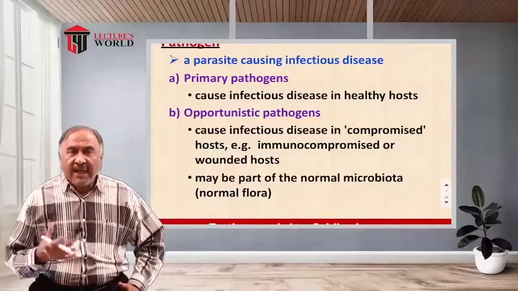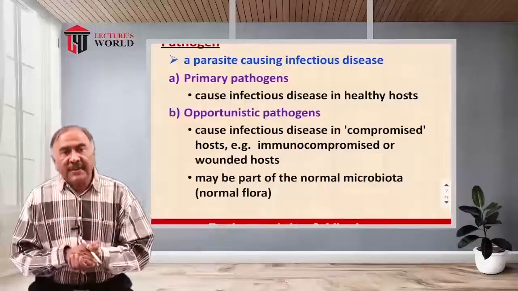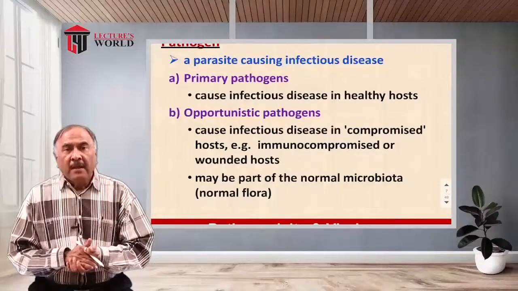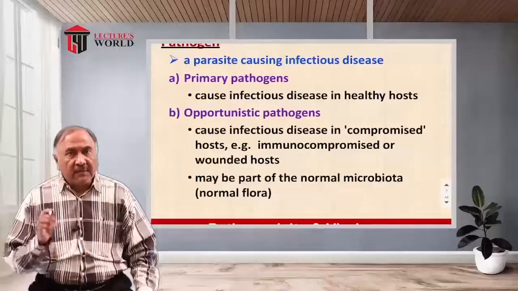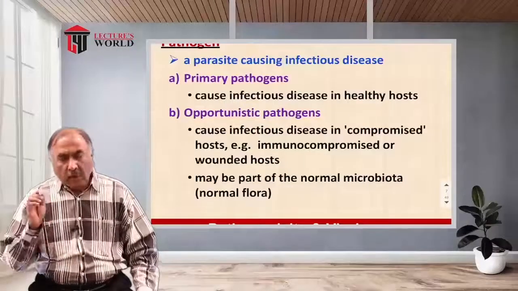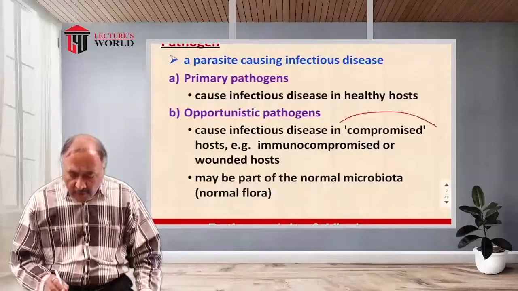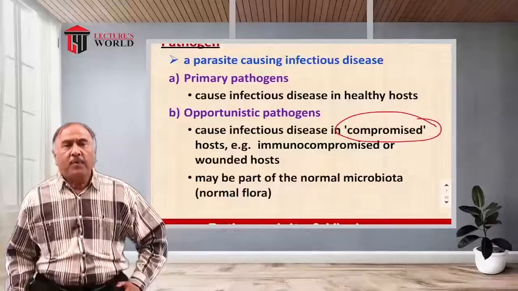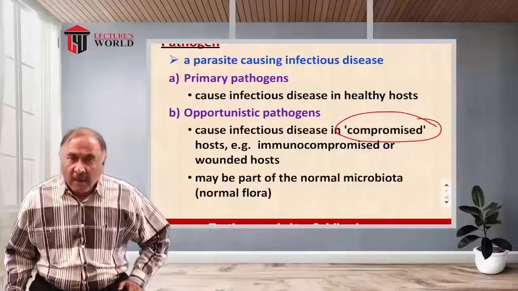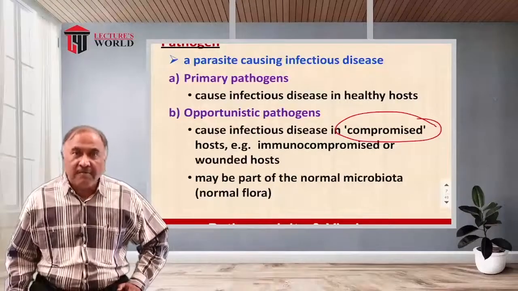Opportunistic pathogens, as the name indicates, differ from the primary ones in that they cause disease in a compromised host. When I use the word compromised, what does it mean? Compromised means the one who is not strong enough.